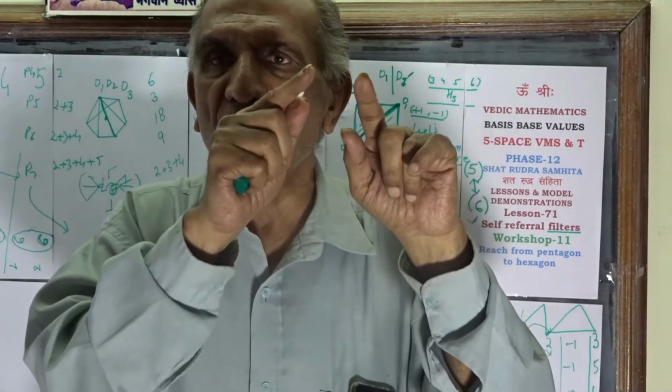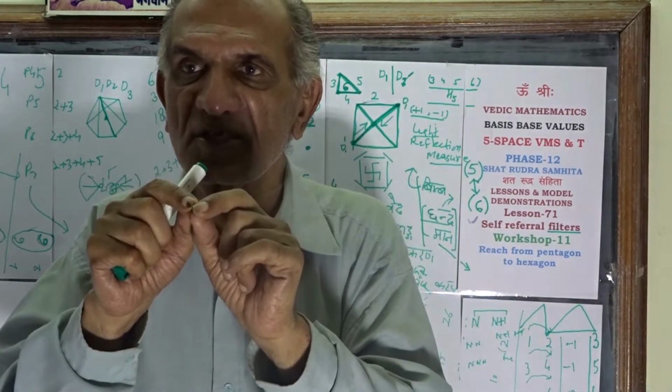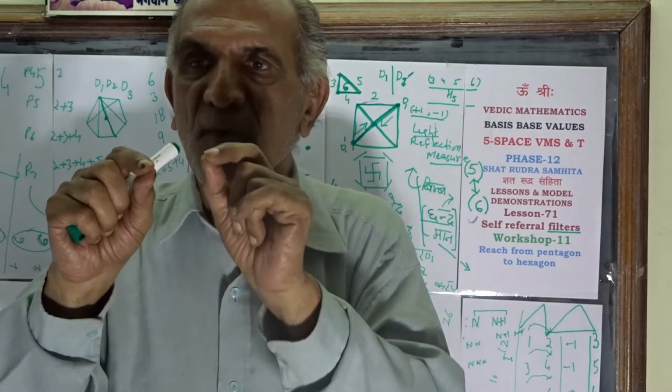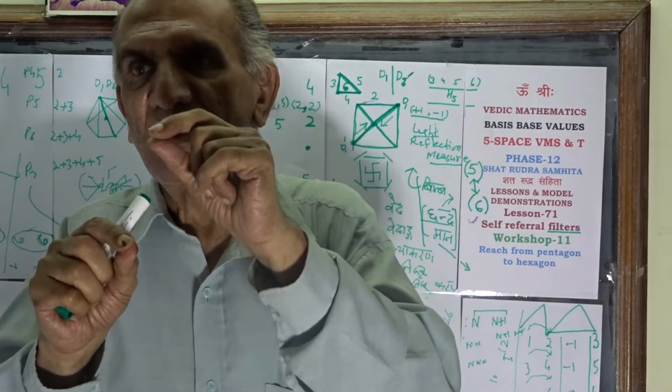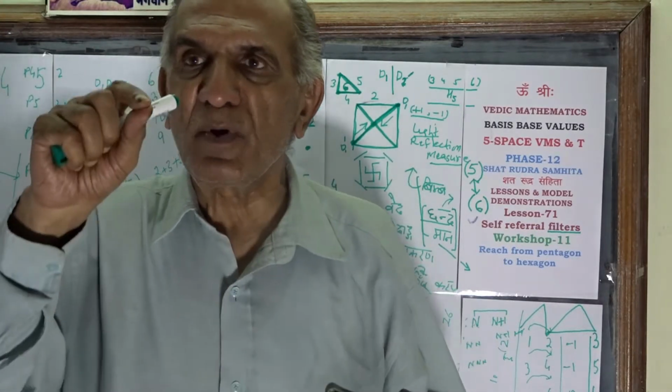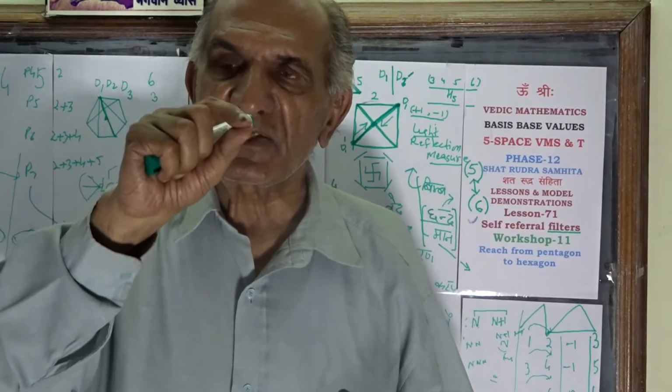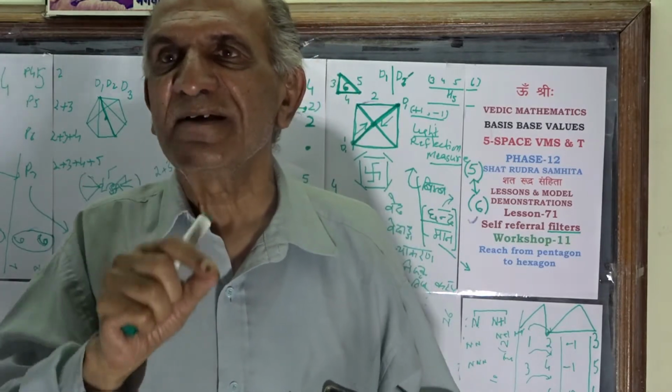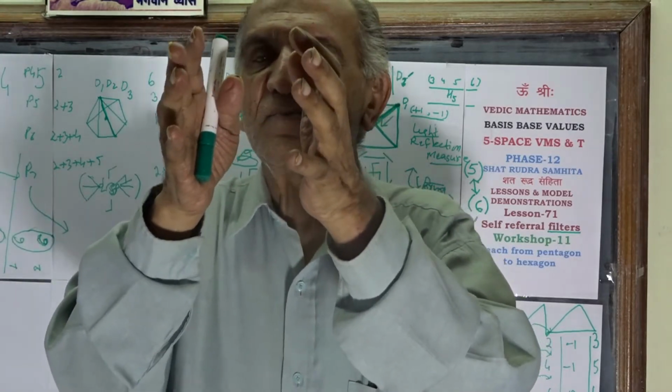So polygon 4 with its center having a structure of polygon 5, and at the origin base, if we superimpose the structure of polygon 6, then the filters will happen.